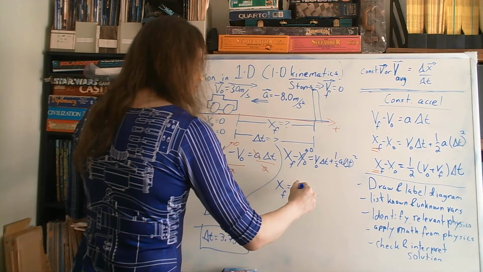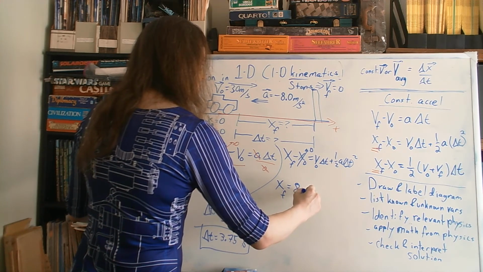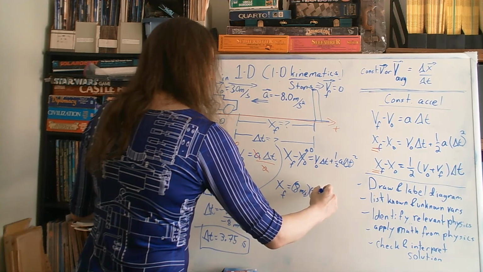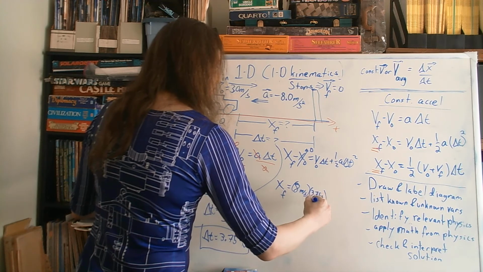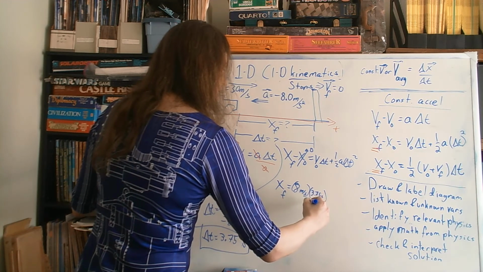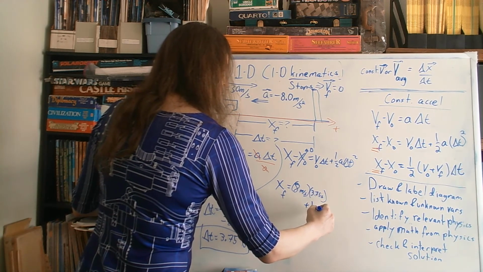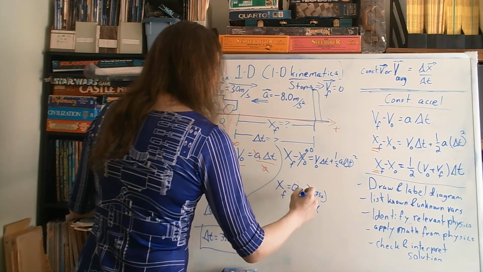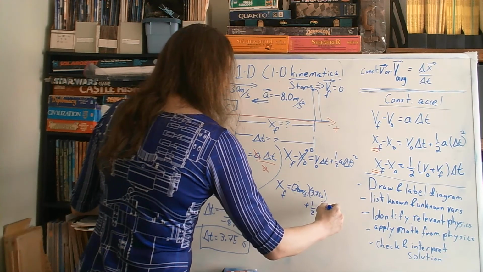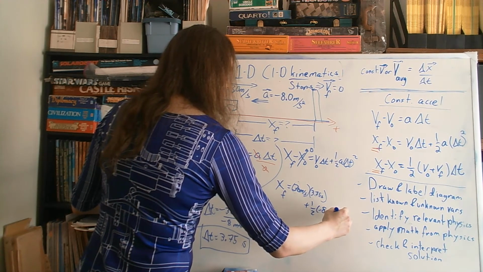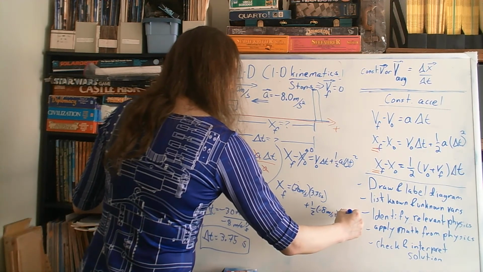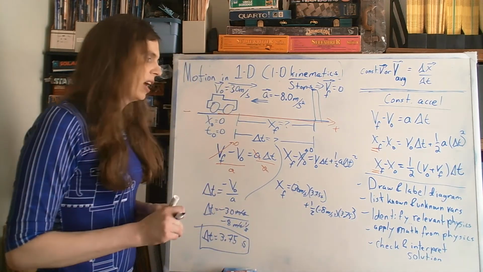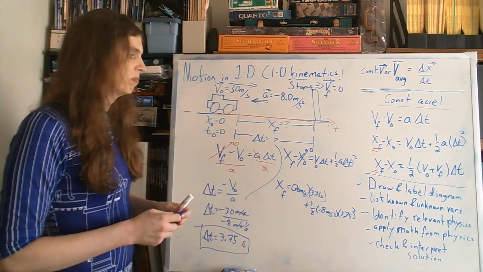That's 30 meters per second times 3.75 seconds plus 1/2 times negative 8 meters per second squared times 3.75 seconds squared.